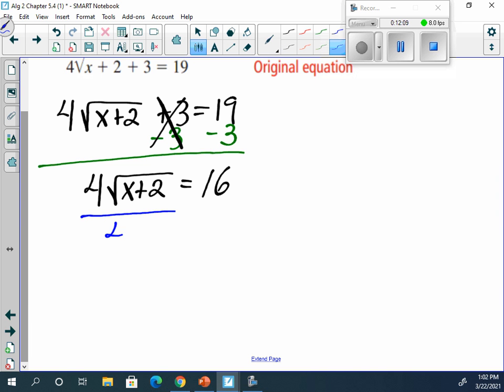Because we want to get the radical by itself. Because here, 4 divided by 4 would be 1, leaving us with the square root of x plus 2 equals, well, we'll do 16 divided by 4, which is 4. Okay. So we subtracted 3 first, and then we divided by 4.